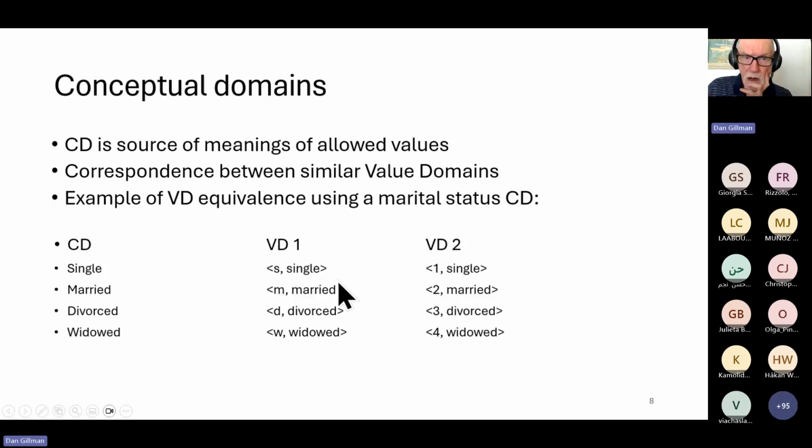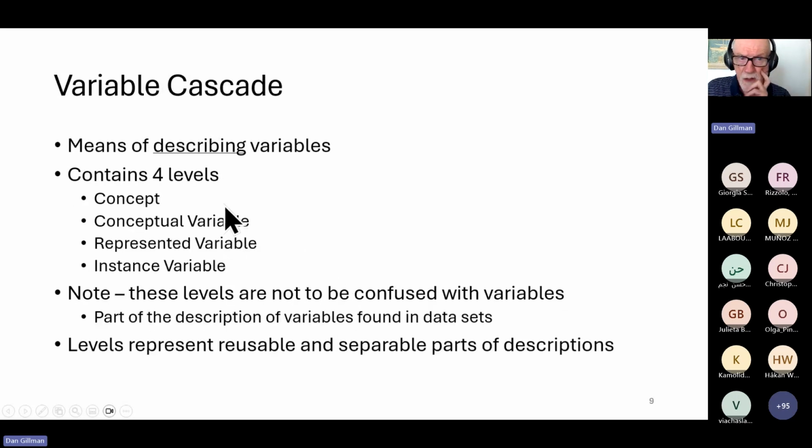So this leads us then to the variable cascade, which is a means for describing the variables. We've described the fundamentals of what we need to bring to bear, but now we're going to show how this is organized in the levels. So there are four basic levels: the defining concept, what we call the conceptual variable, the represented variable, and the instance variable.